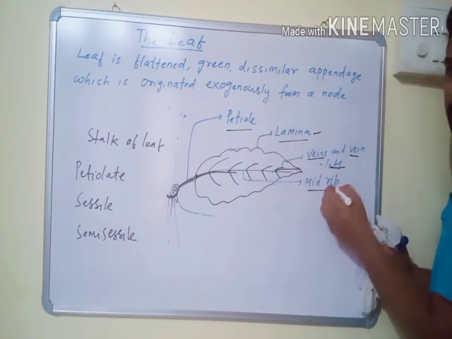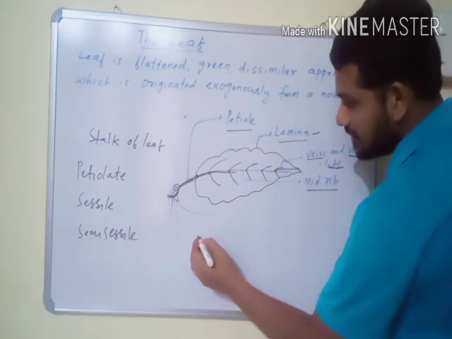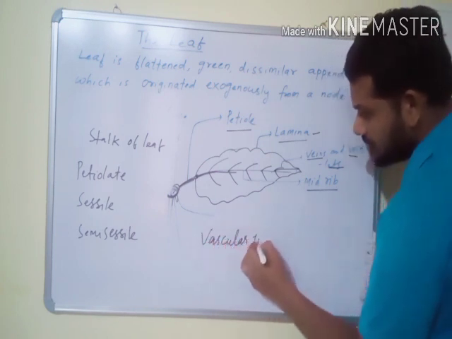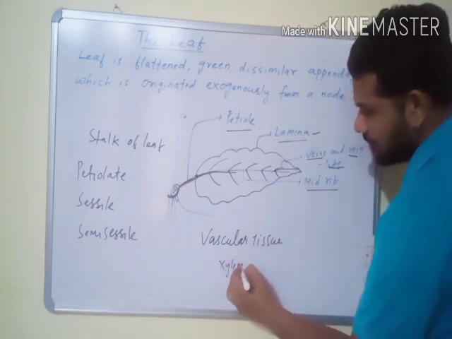And the veins and veinlets are nothing but vascular tissues. Vascular tissues are usually xylem and phloem.